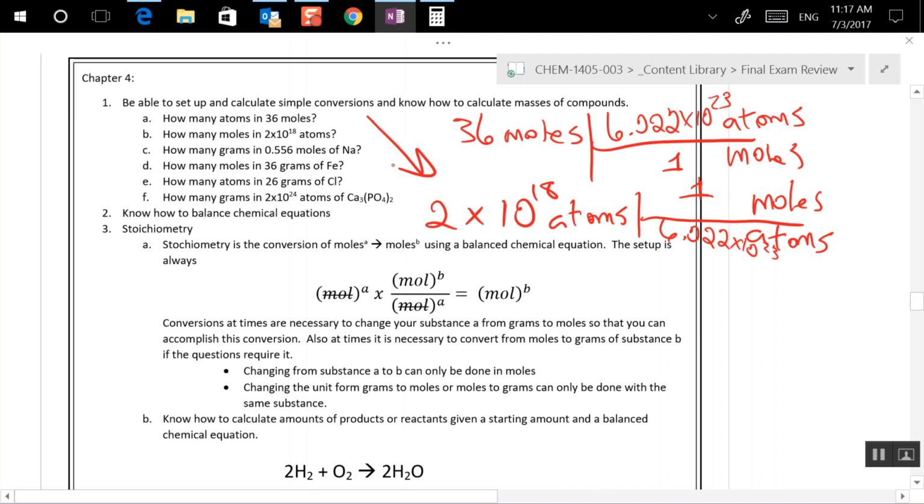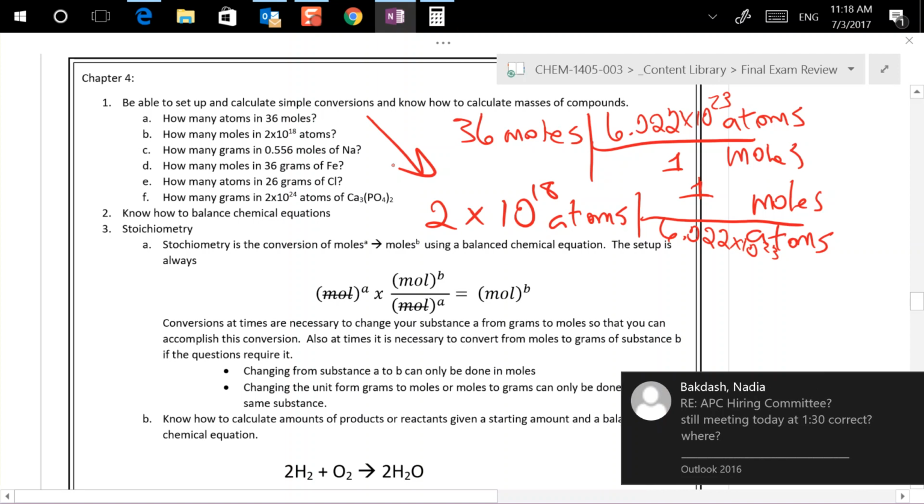The thing that you have to understand about stoichiometry is this is the heart of stoichiometry. The moles of one thing, A, to the moles of another thing, B. I'm going to make it real simple for you.